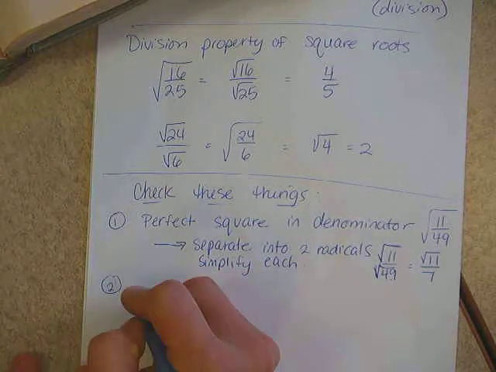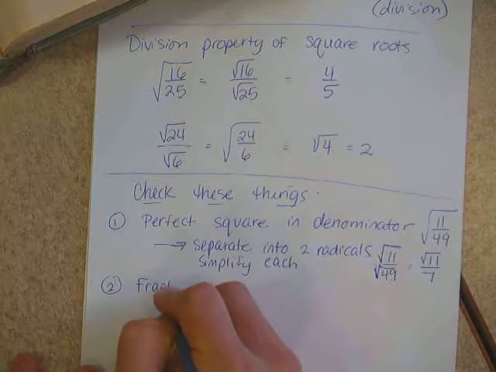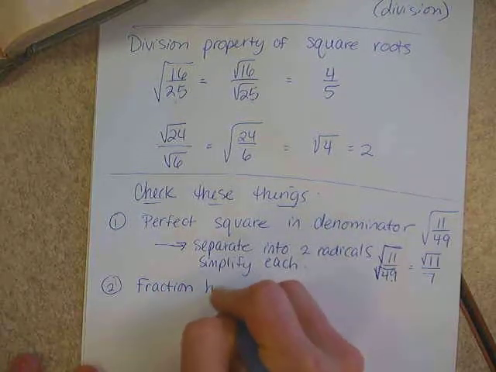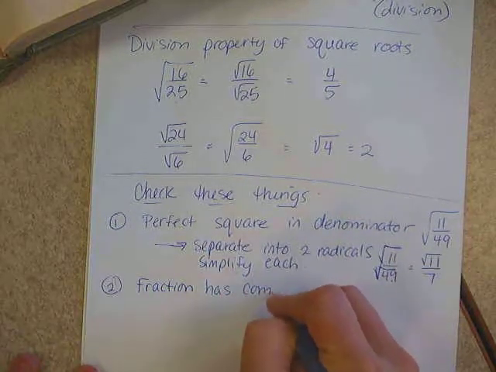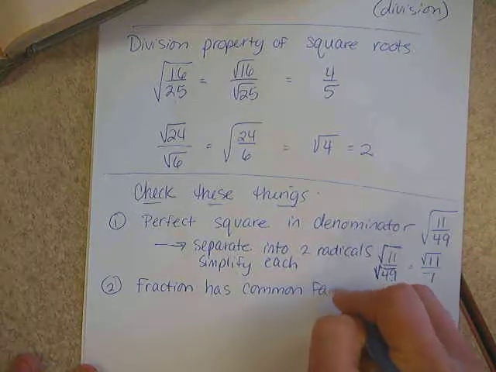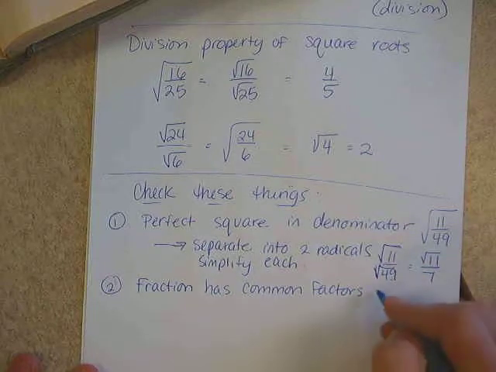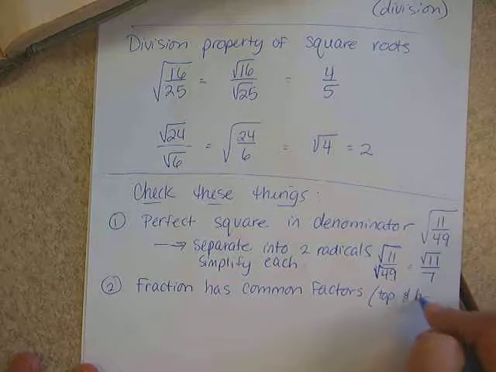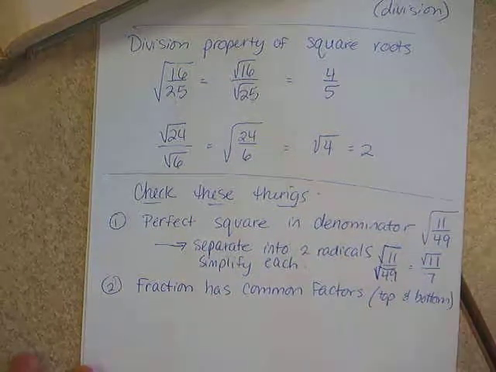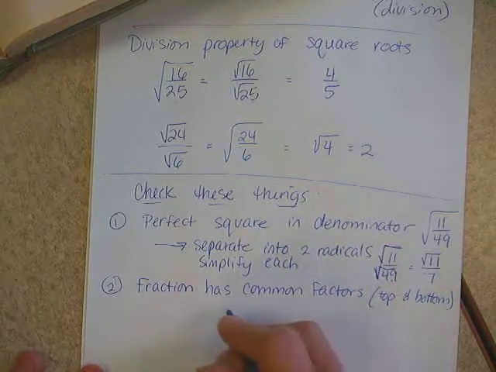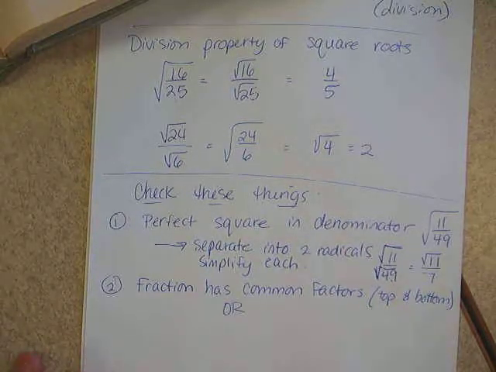The second possibility: if there's not a perfect square in the denominator, you want to look and see if the fraction has common factors top and bottom.